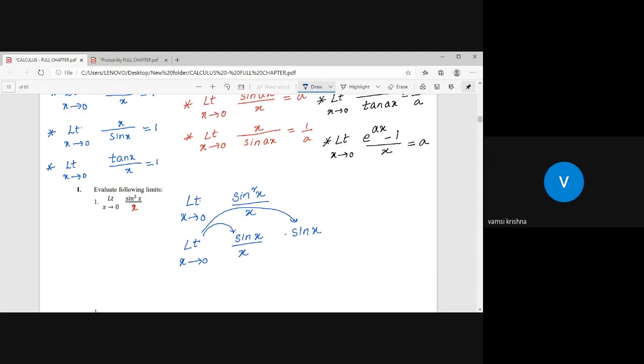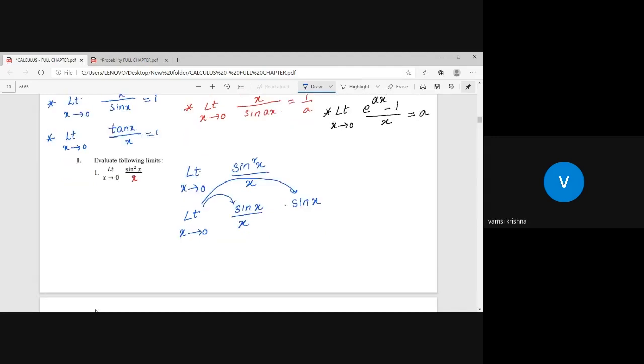Let me write one more step. Sin 0 by 0 is not allowed. First we need to apply the formula. Maybe the answer is 0, but you should do it in the right way. Limit x tends to 0, sin x by x, and limit x tends to 0, sin x.